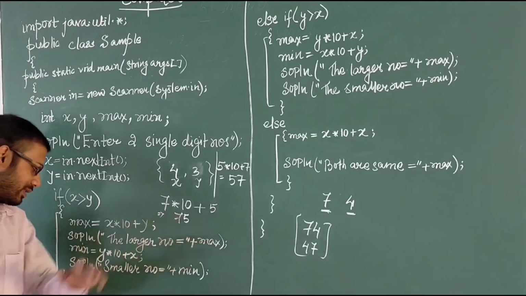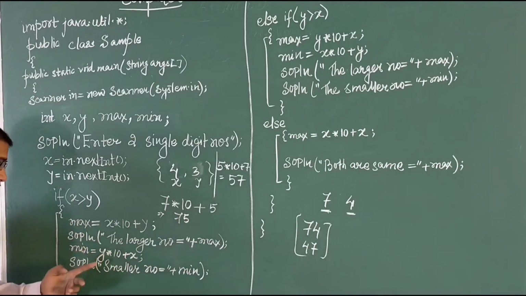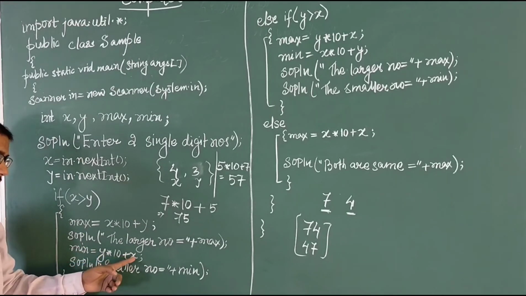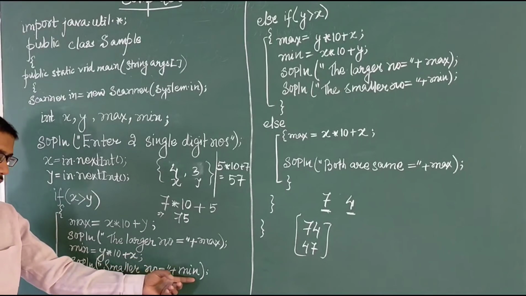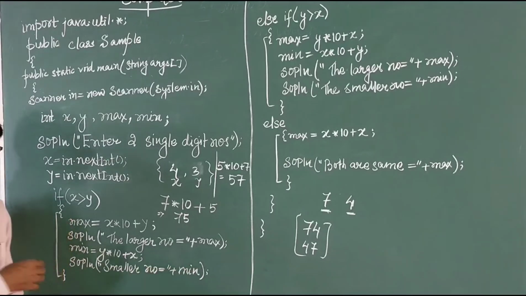System.out.println, the larger number is this. Again, min is equal to smaller digit into 10 plus larger digit. System.out.println, the smaller number is equal to min. Just go through, have a dry run on your copy, you will be able to clarify yourself.